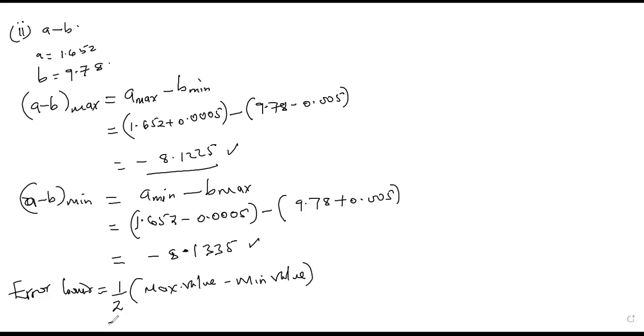So it is going to be a half of maximum, negative 8.1225, minus negative, which will go to plus, of course, 8.1335. So this one will give you 0.0055 as your error bound. So this is how we get error bounds in addition and subtraction.